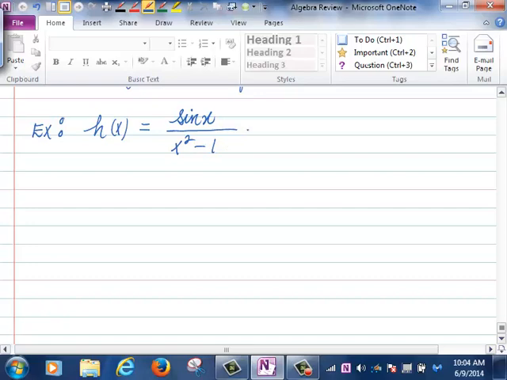And the question is, where is h continuous? Okay, so determine where h of x is continuous.